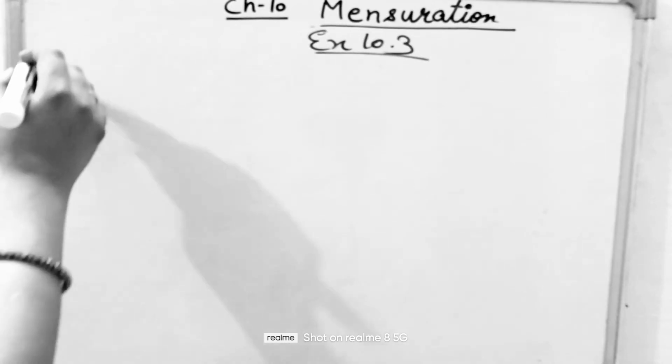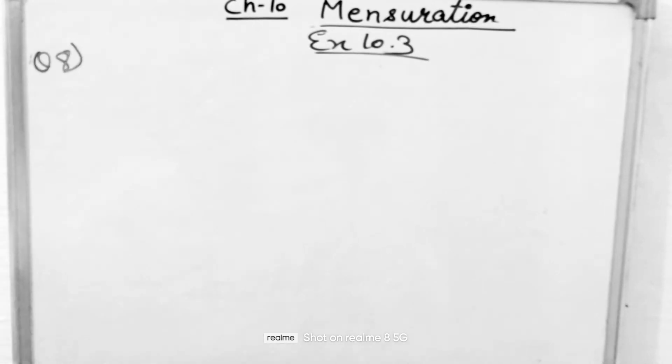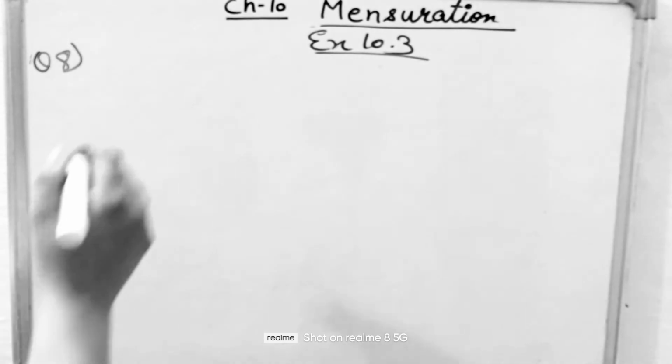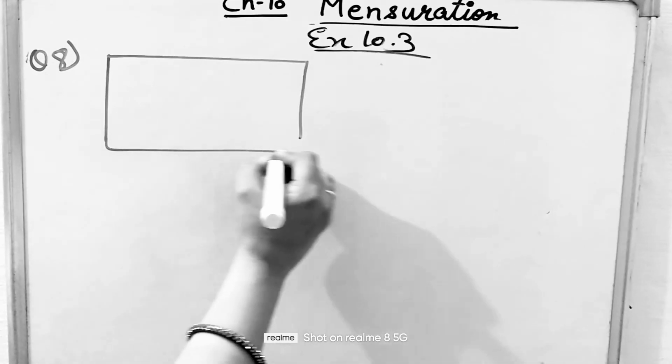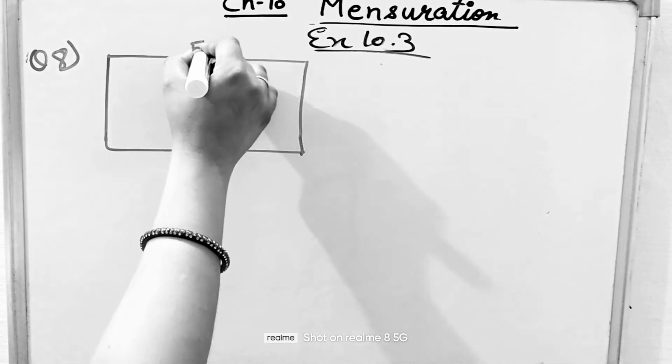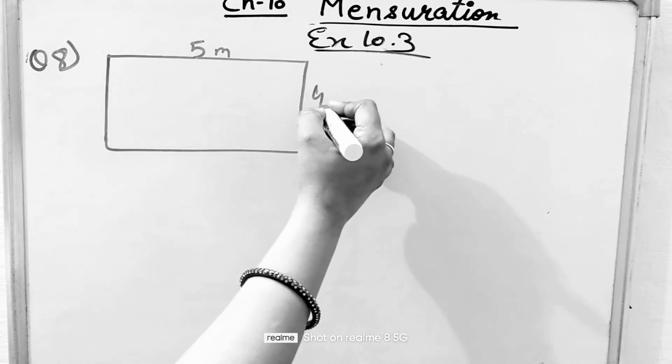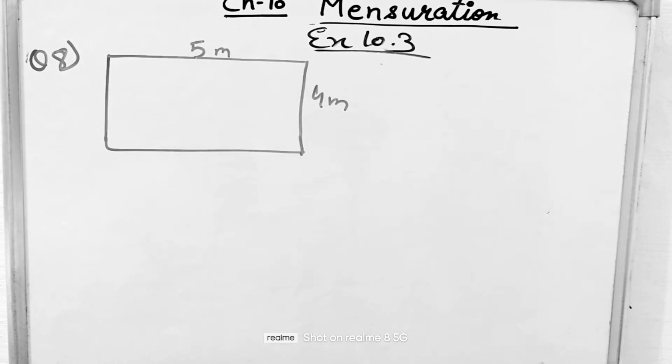See question number 8. In question number 8, there is a floor. This is a floor of 5 meter long and 4 meter wide. Now a square carpet of side 3 meter is laid on the floor.